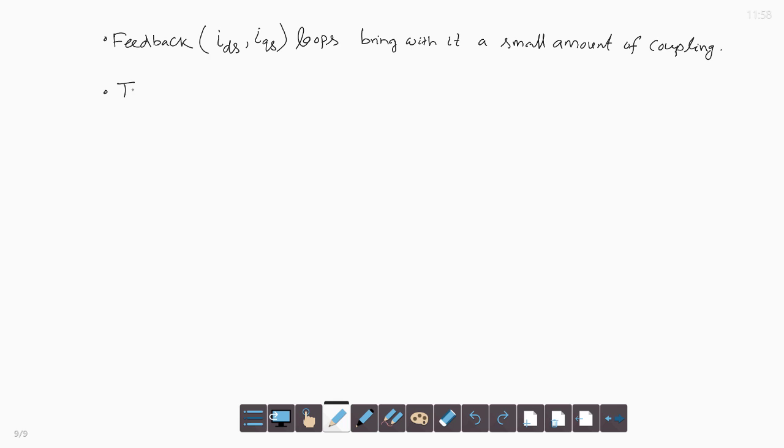So, to enhance the loop response, feed forward back EMF compensation.